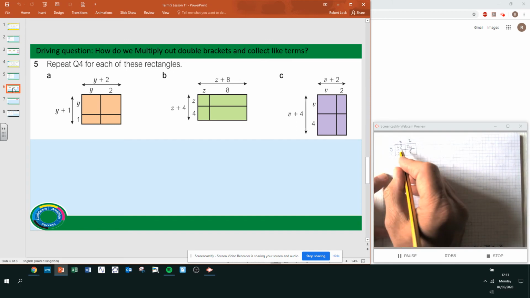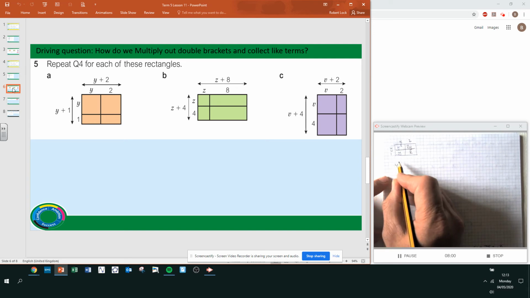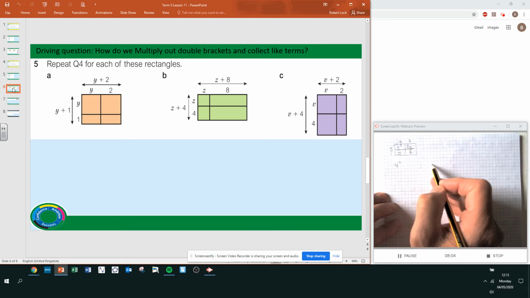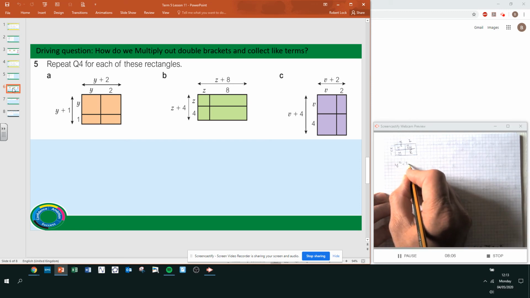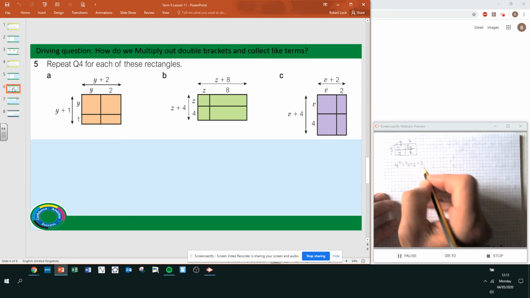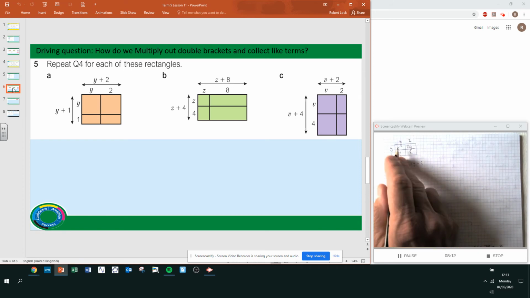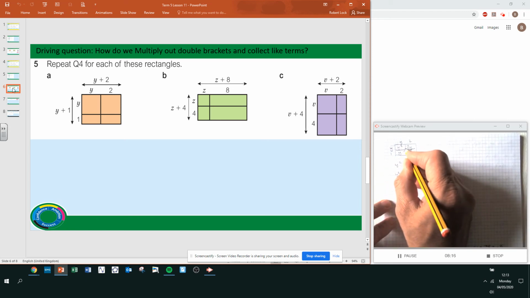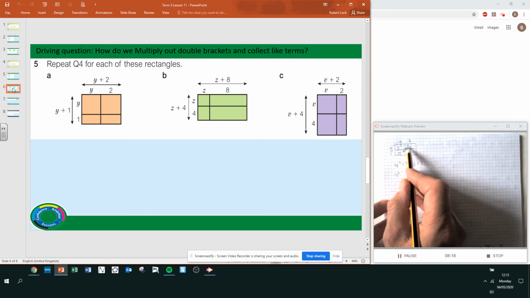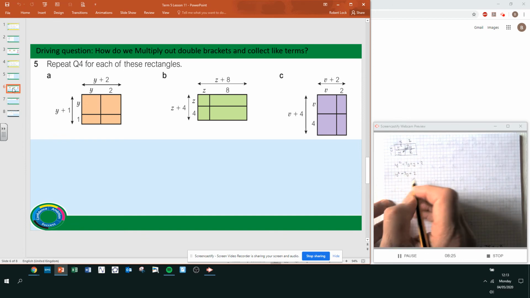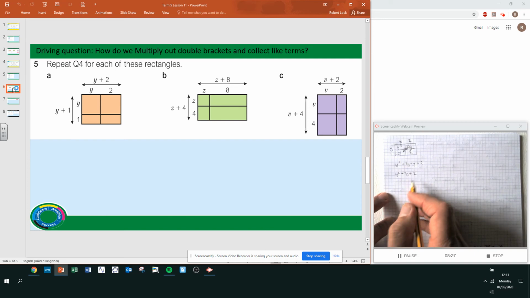We've only got one y squared. You can either write it out in full like this, or use what's in the box. Here we're adding the y terms: 2y plus y is 3y, plus 2. There's the answer.